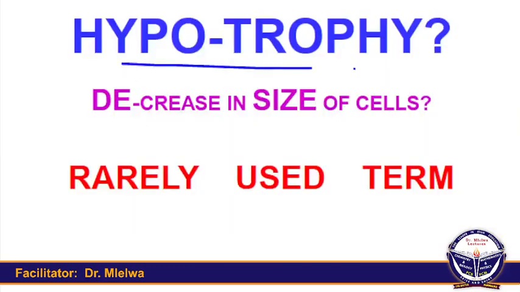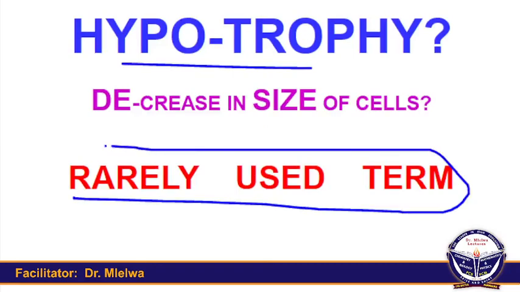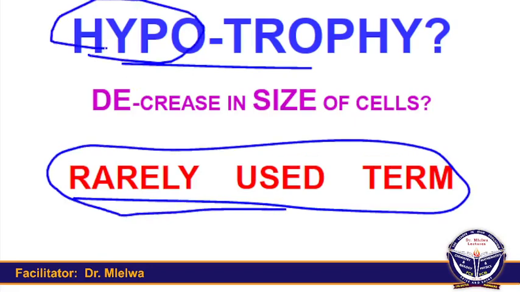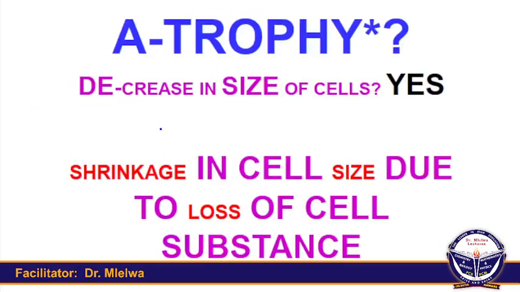Let's see hypotrophy, decrease in size of the cell, but the term hypotrophy is rarely used. Always we use atrophy. This is the decrease in the size of the cell. So some people can ask themselves, atrophy, is it the decrease in the size of the cell? The answer is yes.